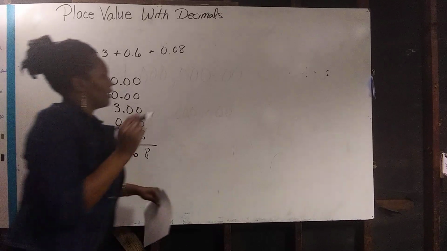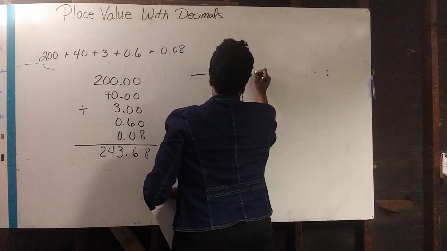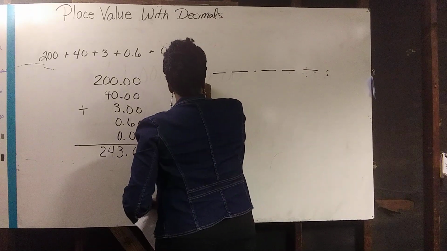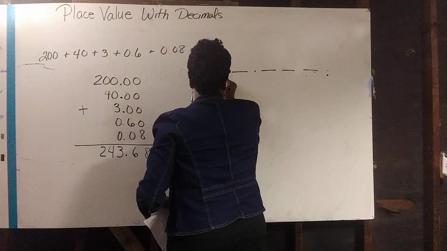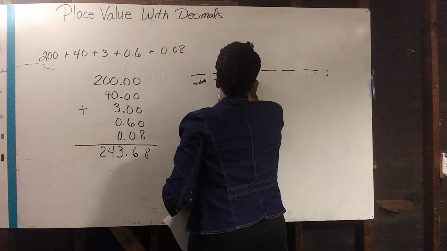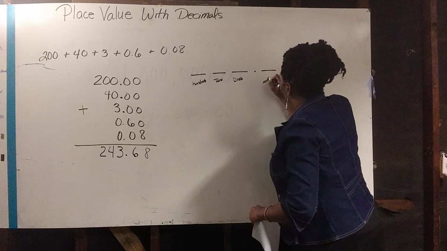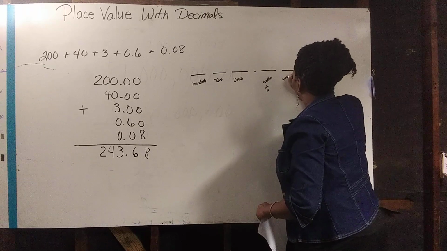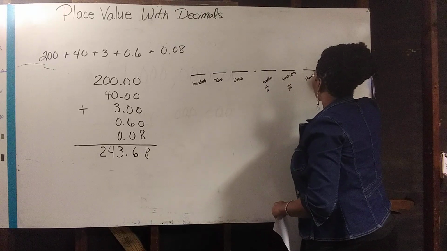All right? And if you really needed some help, let's see. This is the hundreds place, the tens, the ones, then we have the tenths, which is a fraction, the hundredths, this is the thousandths.